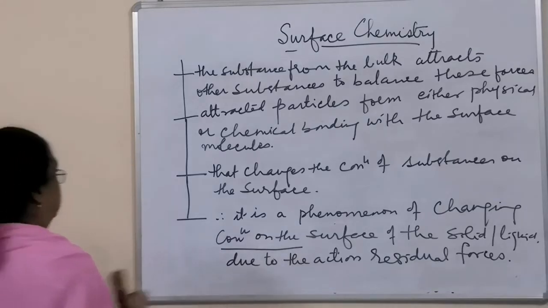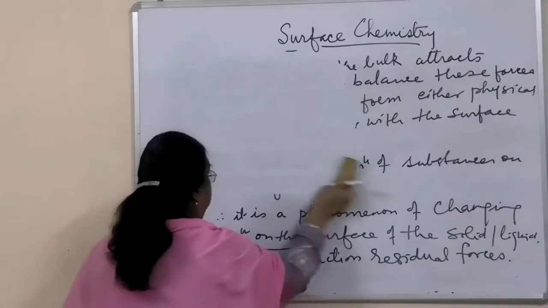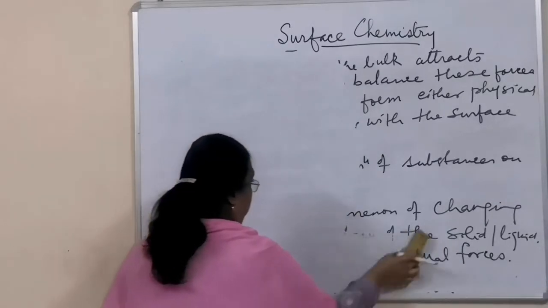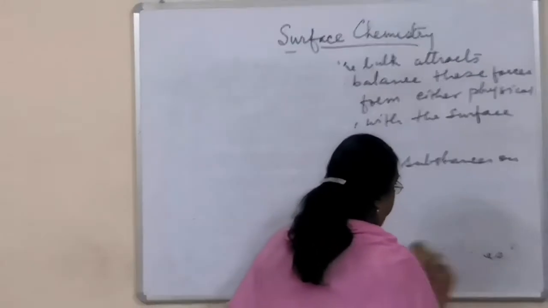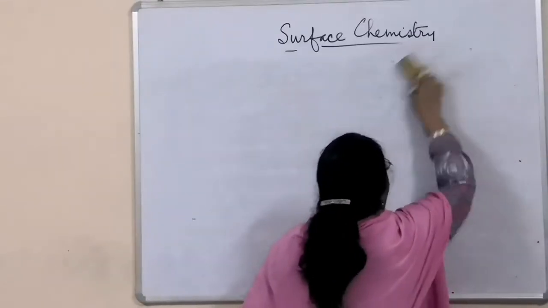Now we have two kinds of substances. One substance is getting accumulated over the other substance.